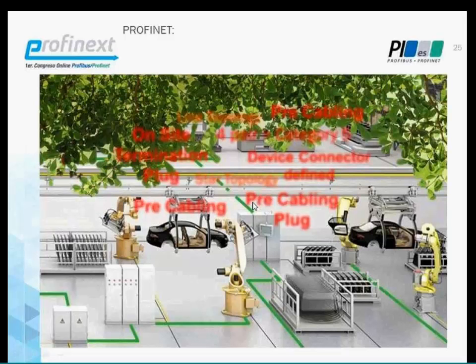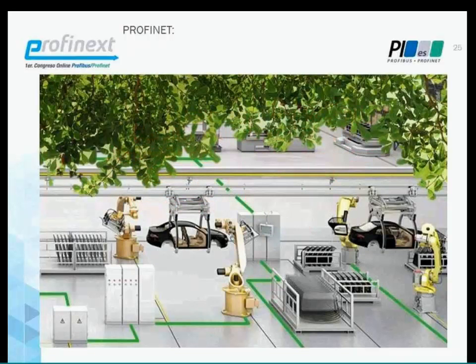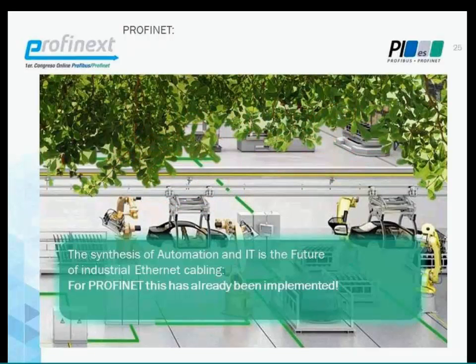And if you think of what we call integrated industry or Industry 4.0, communication is very important, and for communication you need a network, and a uniform network for all applications. And so I think for Profinet we have realized a future-proof cabling, and we have realized a synthesis of automation and IT. And we think this is the future for industrial cabling, and for Profinet this has already been implemented.